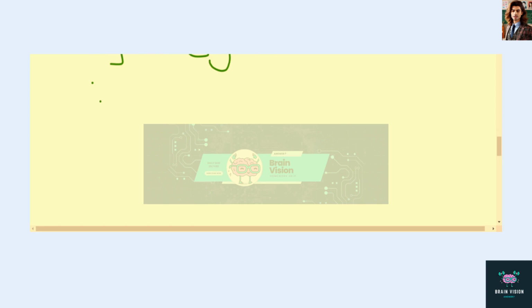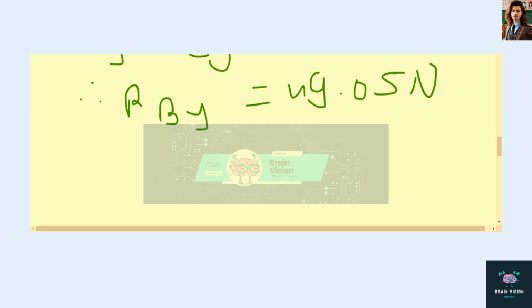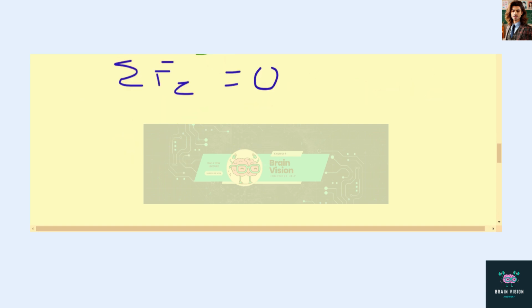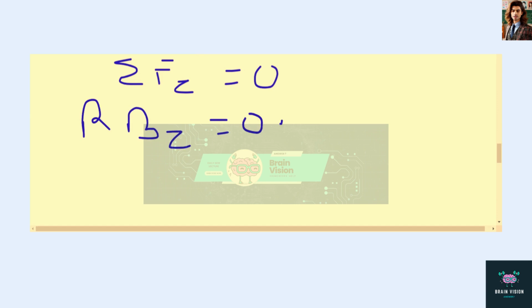So from this we will get RBY is equal to 49.05 Newton. And by comparing the forces in the z direction, sum of all is also 0, so I can write RBZ is equal to 0 Newton.